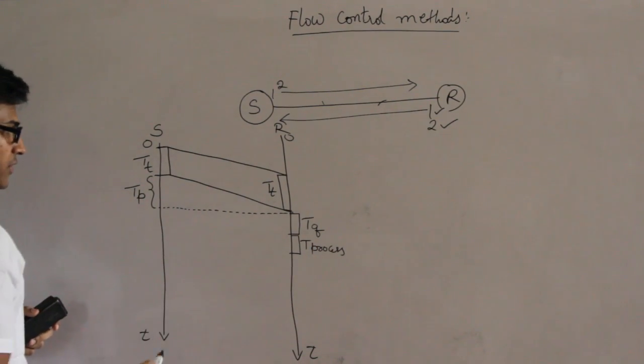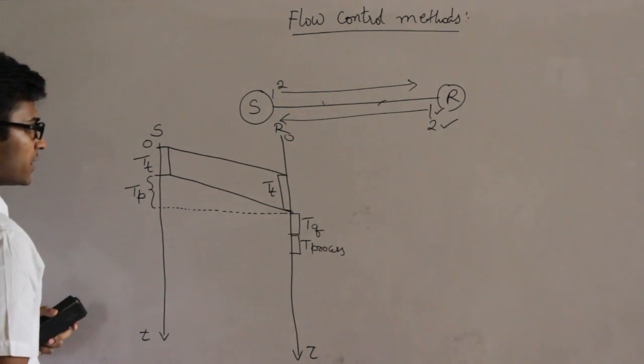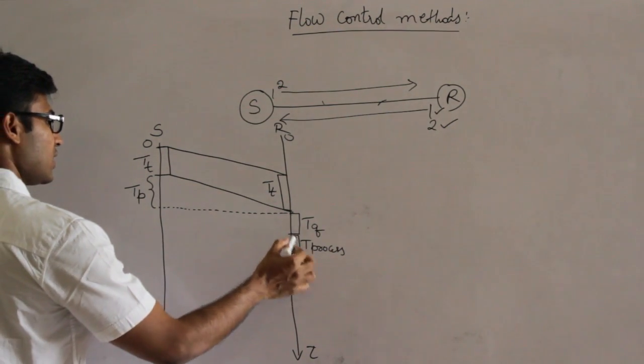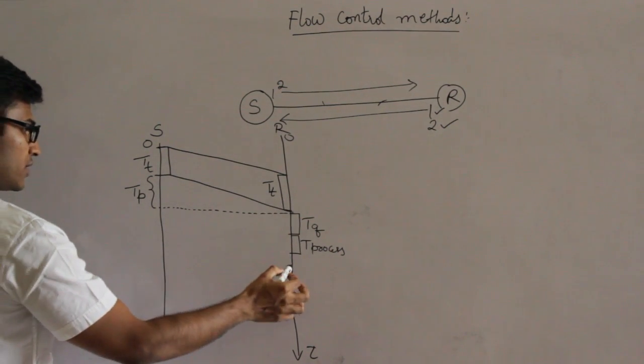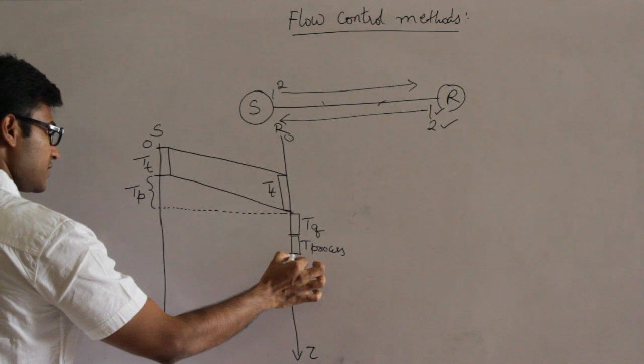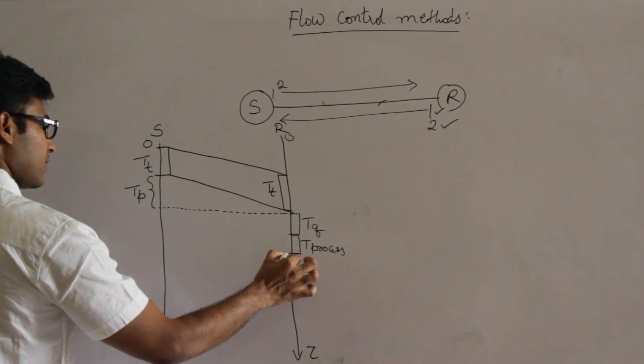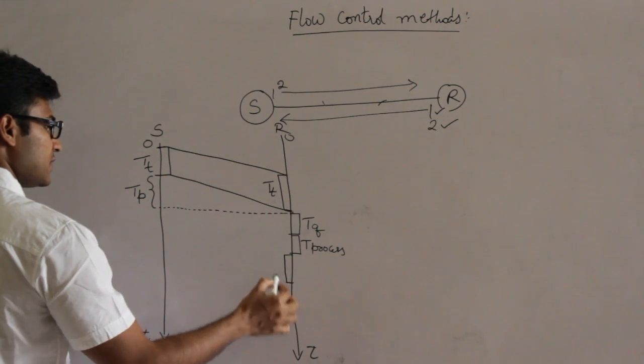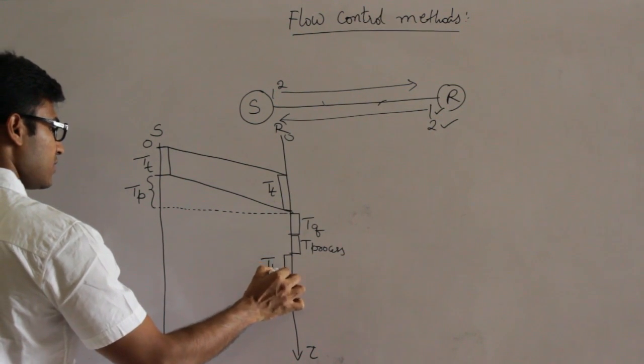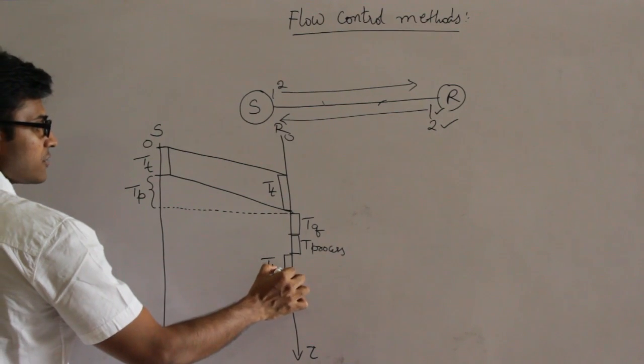Okay, and after that the receiver will consume the data and once the consumption is over, the receiver will start transmitting the acknowledgement. Now this is nothing but transmission time TT for the acknowledgement.